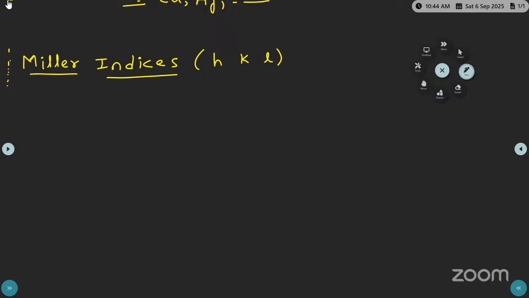A set of numbers, in open brackets (hkl), used to represent a crystal plane. Miller indices are a set of numbers in brackets (hkl) used to represent a crystal plane.